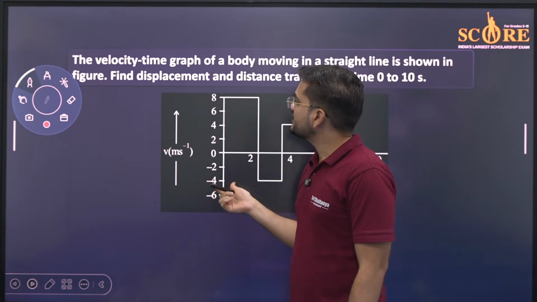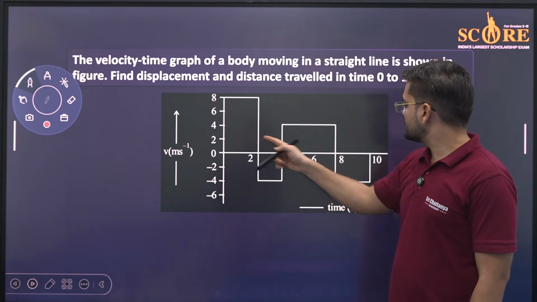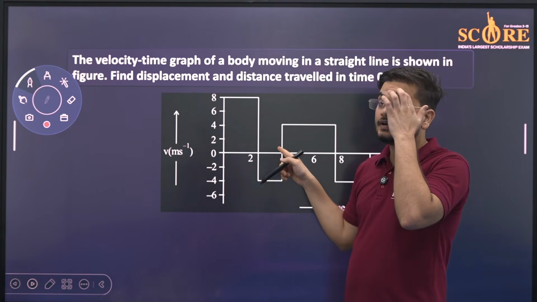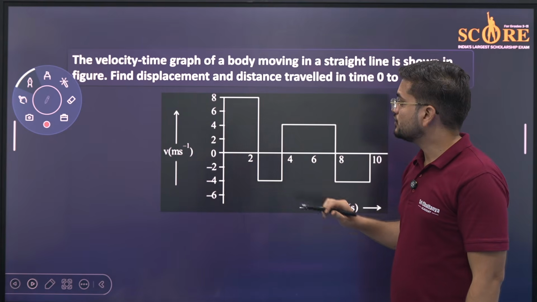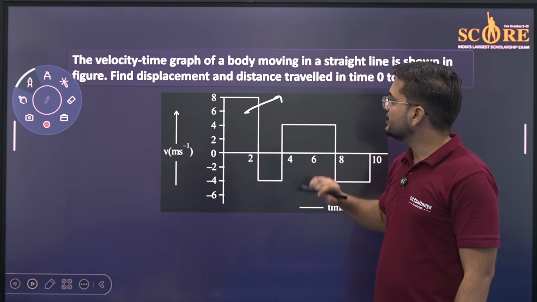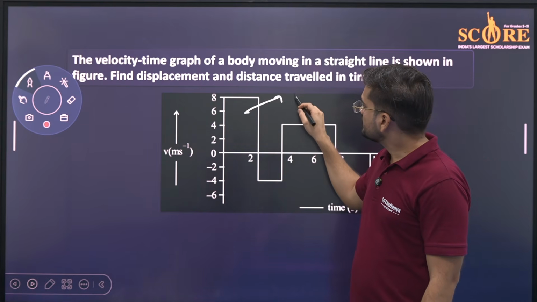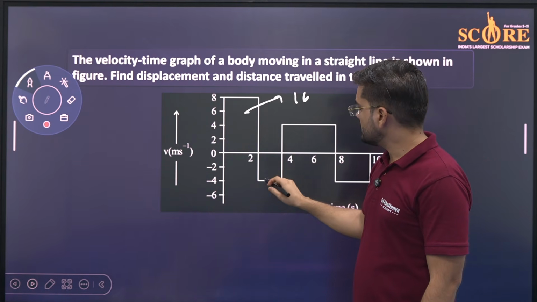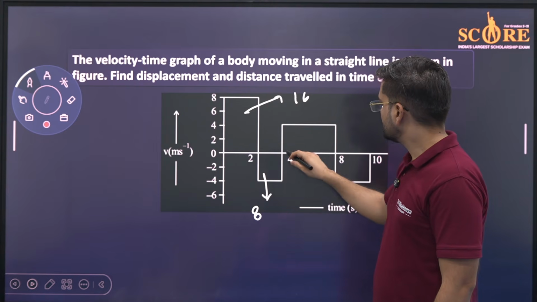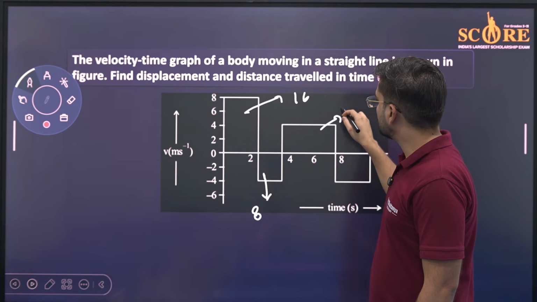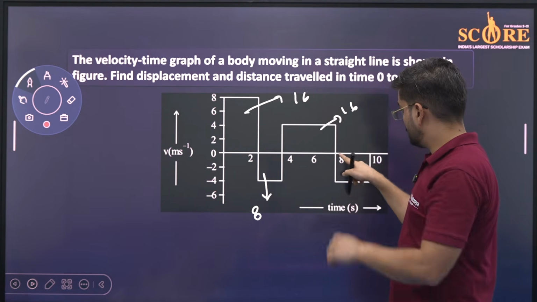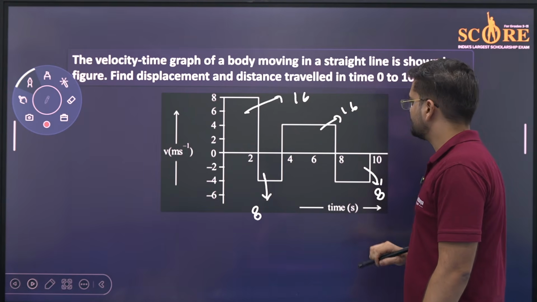The next problem is, here a velocity versus time graph is given, and we have to calculate the displacement and distance traveled. So the displacement will be the area under the curve. Here 2 into 4 is 8, 4 into 4 is 16, and 2 into 4 is 8.